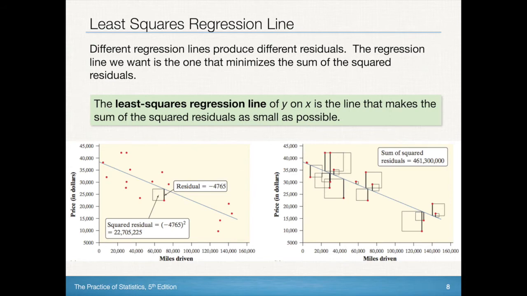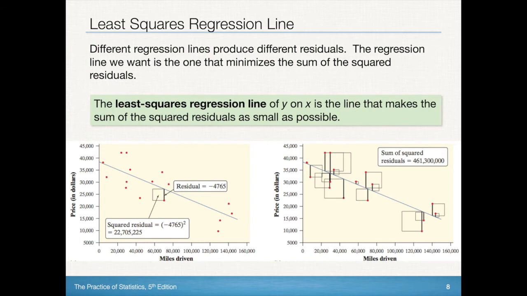Then it calculated the residual of every single point, and more importantly, it found the area, the actual residual squared. And so you'll see in the picture on the right, the residuals now are all being squared, and I'm representing that by areas. And what a least squares regression line does is minimize this sum of these squared residuals area. When that's done, you know you have a statistical best fit.